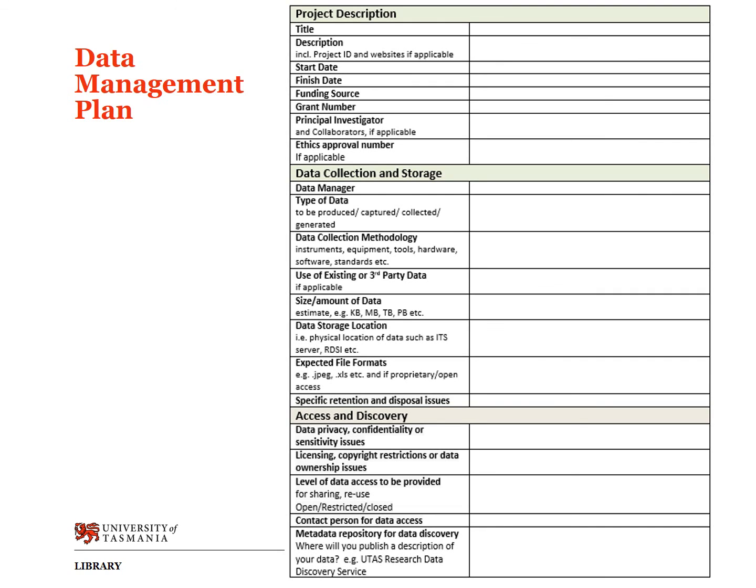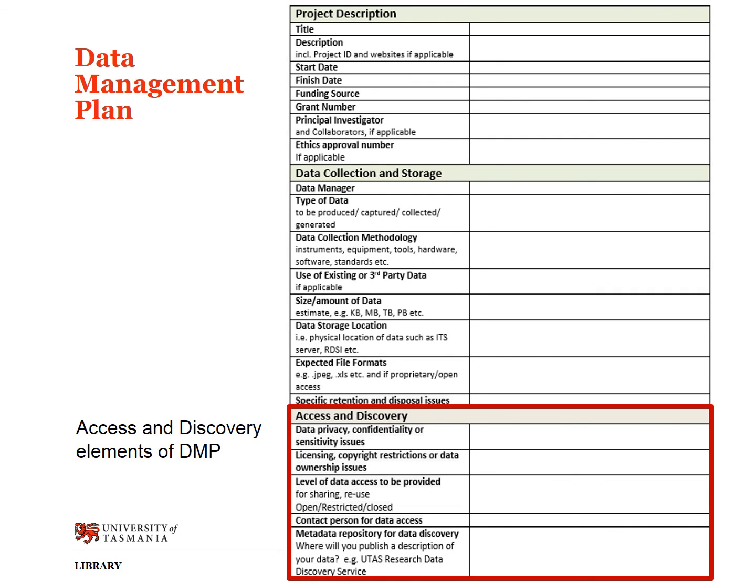So why am I mentioning this? I'm mentioning this because part of the data management plan actually addresses access and discovery. So these elements at the bottom here, they do talk about how the data can then be accessed and discovered. So they are also very relevant elements of data descriptions.